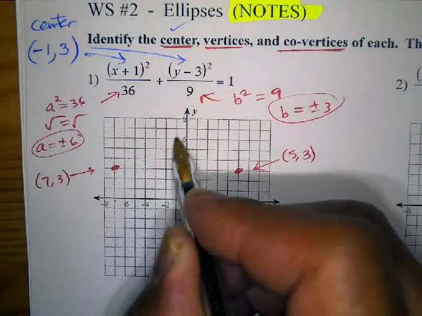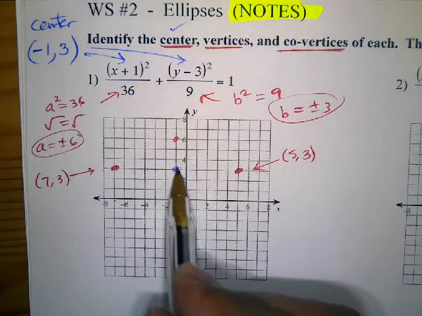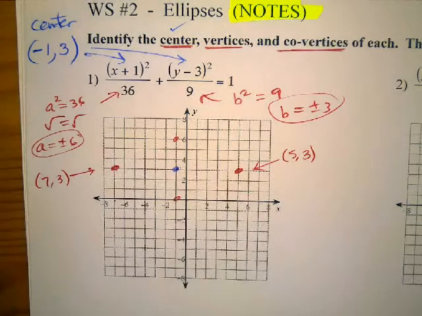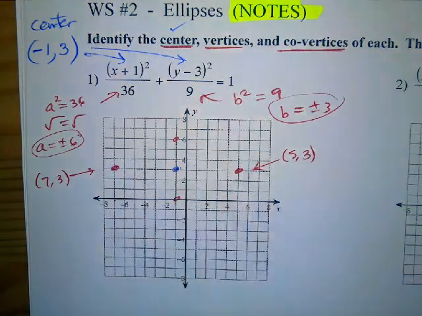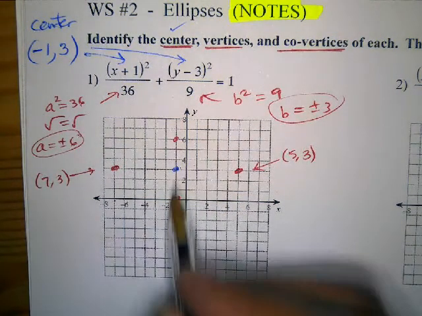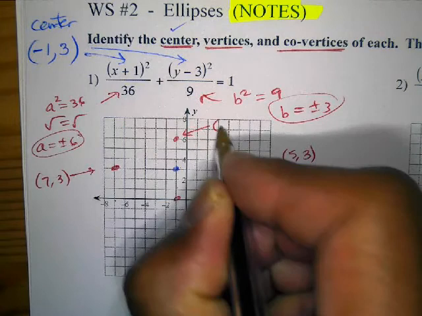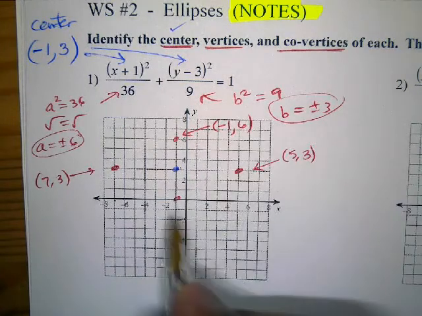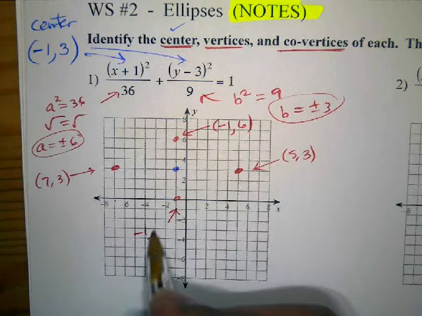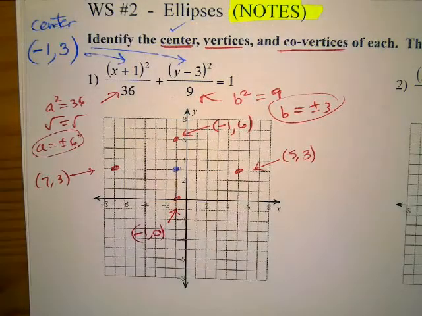Now we go 1, 2, 3 from the center, and 1, 2, 3 from the center. This coordinate is -1, 6. And this coordinate is -1, 0.